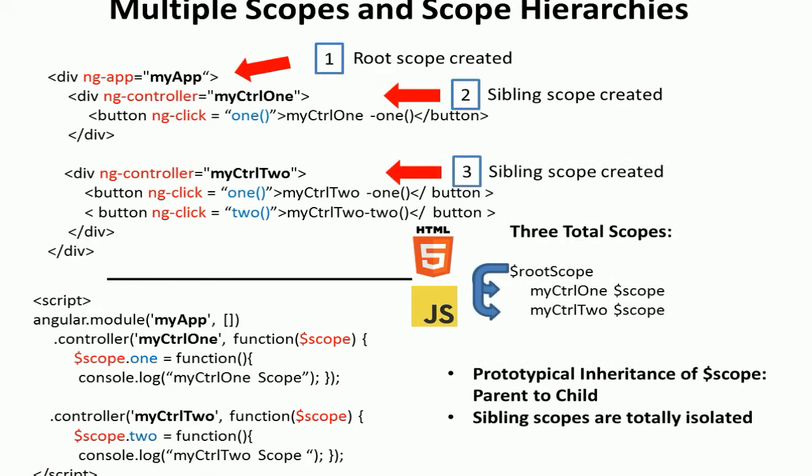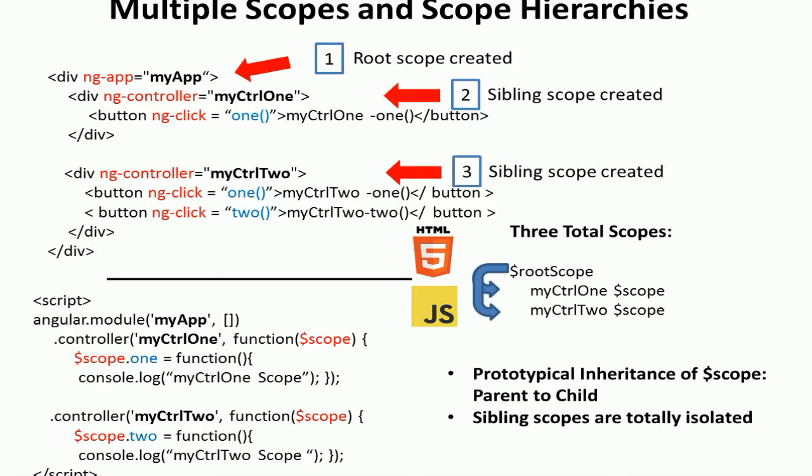Since each of these div elements are at the same hierarchical level as each other, they are considered sibling elements. The scope created for each div element by the ng-controller directives myCTRL1 and myCTRL2 also have a sibling relationship and are hence sibling scopes.